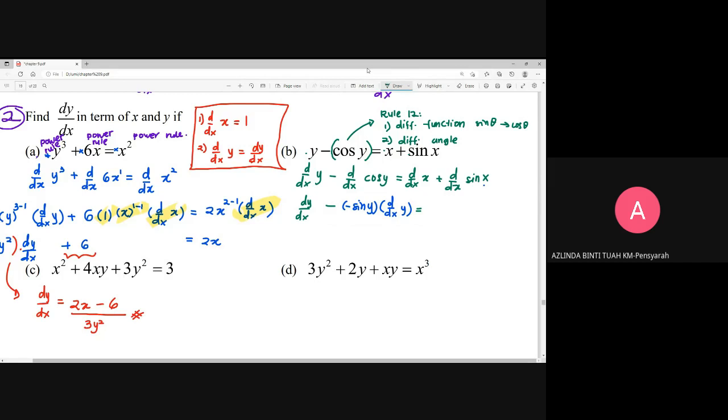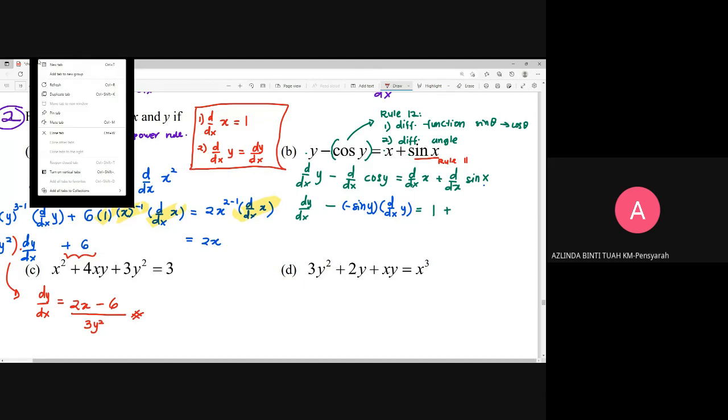Dalam nota kita dah ada dekat sini, differentiate x is always 1 plus differentiate sin x. Ini adalah rule nombor 11. Nanti boleh refer kalau lupa. Rule 11 ni adalah rule yang kita boleh terus differentiate function dan dapat jawapan in one step.